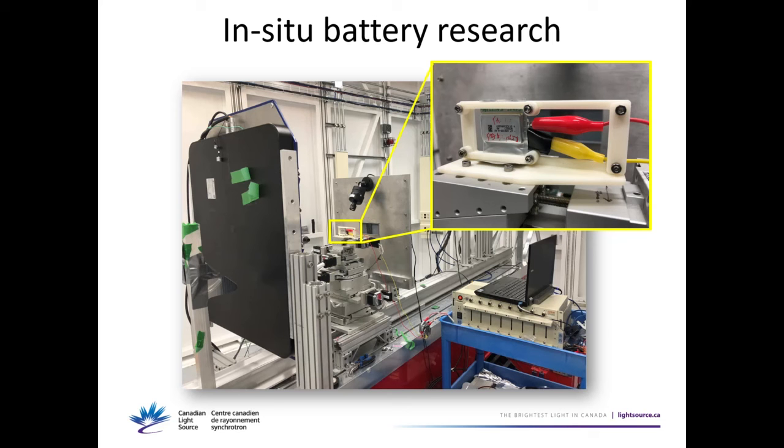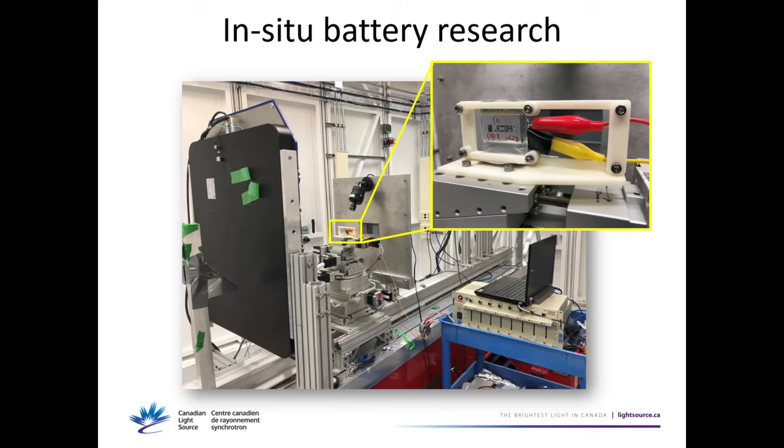Most frequently in the high-energy wiggler beamline because the high energies are highly penetrating and they can go through real batteries. So this is a real battery here, and the sample position, you can see the zoom, and we have electrodes going to the battery cycler.